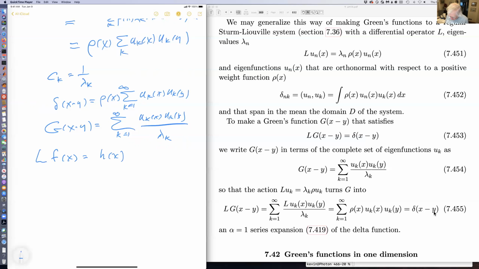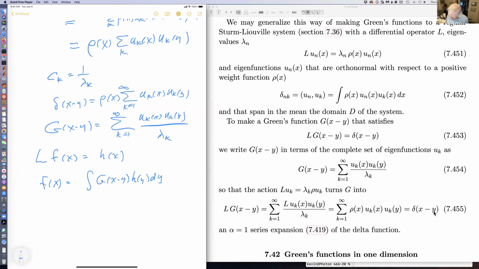What we're going to do then is write f of x as an integral of g of x minus y, h of y, dy.